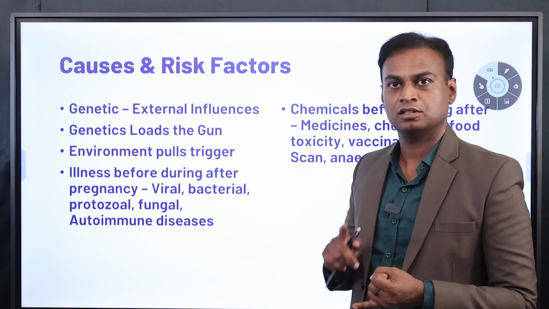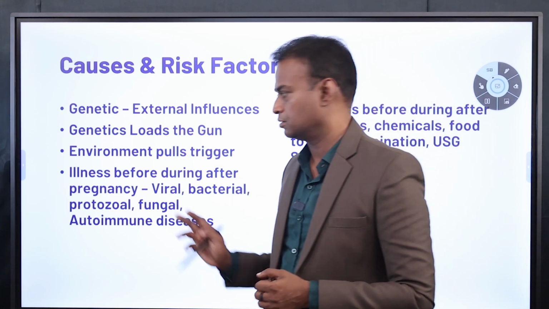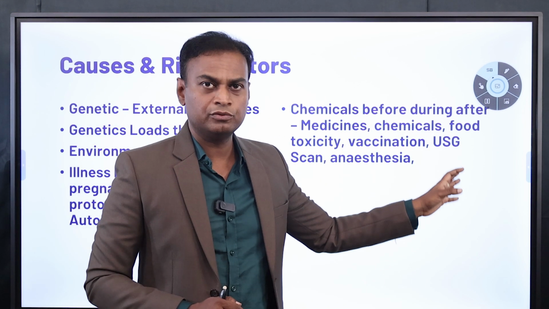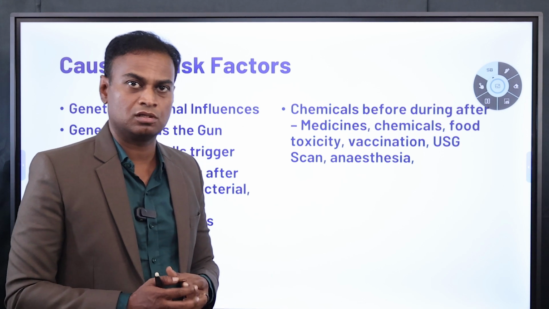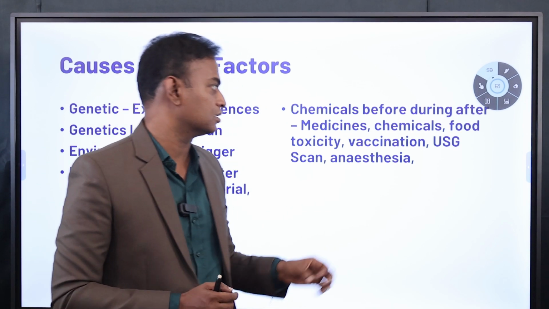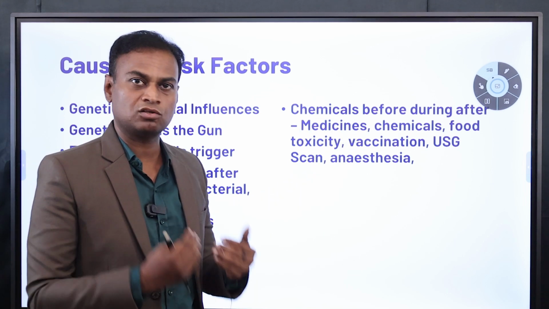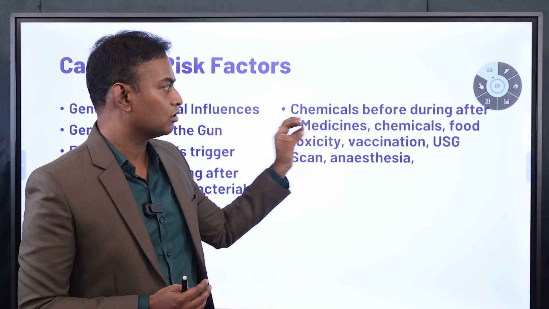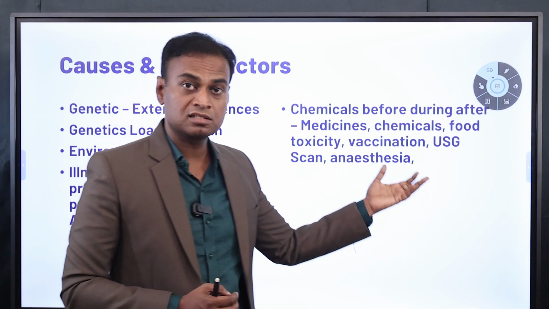In all these diseases, you will see epigenetic changes or new genetic changes, and also from chemicals during, before, or after pregnancy. Medicines are also chemicals, right? Even medicines have an effect. Chemicals which you are exposed to, food toxicity. If you are taking any toxic foods, unnatural foods, it may also lead to epigenetic changes or new genetic changes. Even vaccines can cause it.